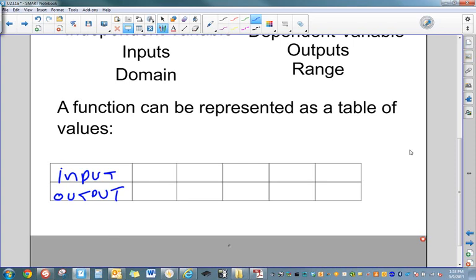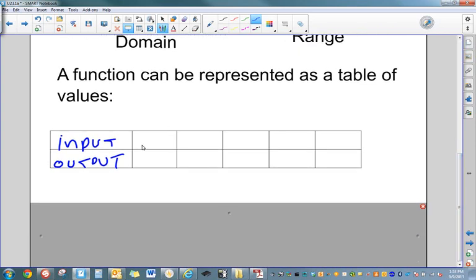So, Chandler, what do you fill in? The order doesn't matter as long as you correctly matched up your relationship. So you could have it as 8, 15, 3, 17, 23. As long as your inputs and your outputs were matched up, you can do it.